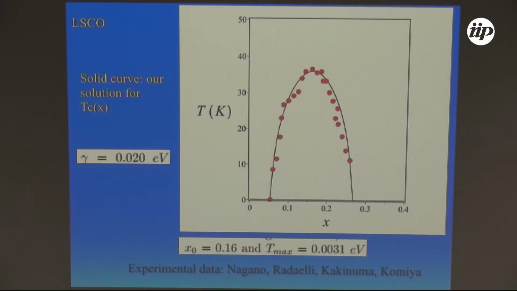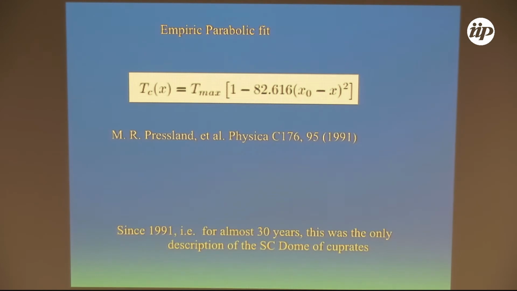See that the only attempt to describe this TC of X was made almost 30 years ago by a parabolic fit of that expression for LSCO.